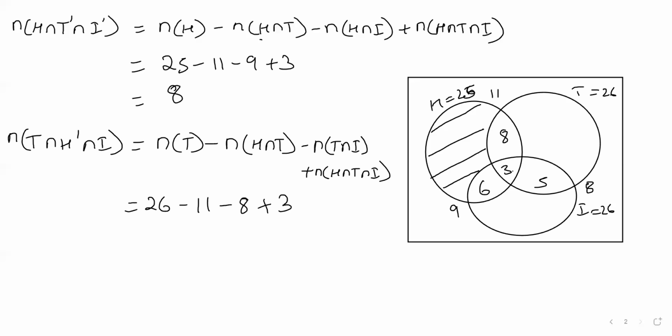It is 26 minus 11 minus 8 plus 3. Your answer is 10. So there are 10 people who are reading only T. See, 26 minus 8 will be 18, 15. So this will only be 10.